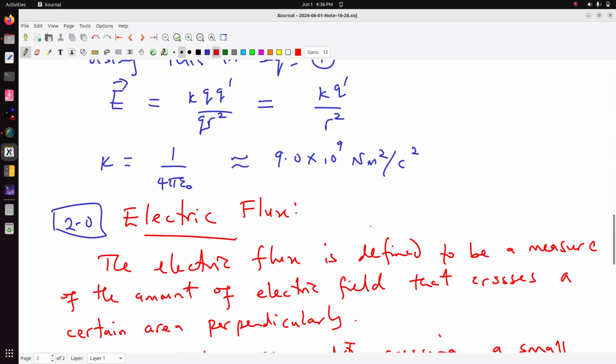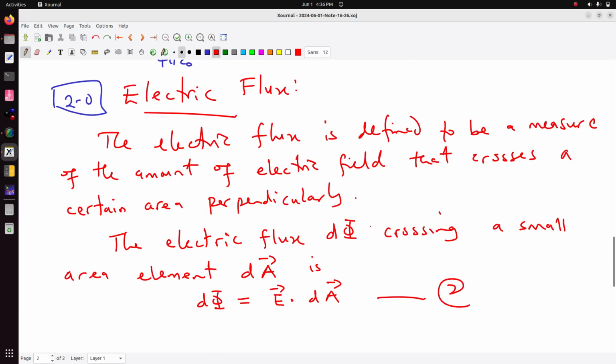All right. So the electric flux is defined to be a measure of the amount of electric field that crosses a certain area perpendicularly. So if we denote the electric flux by phi, and it crosses a small area element dA, then the flux is given by the scalar product of the electric field and the area vector.